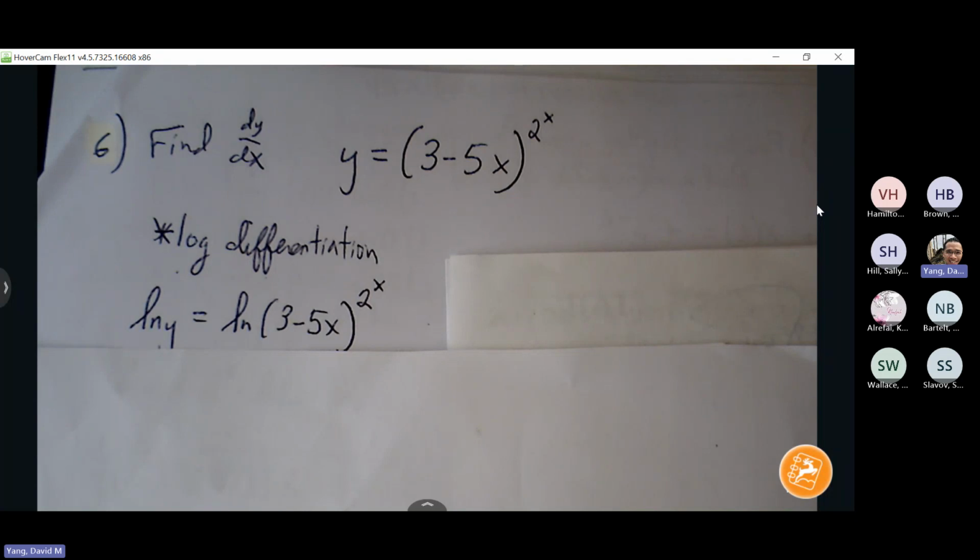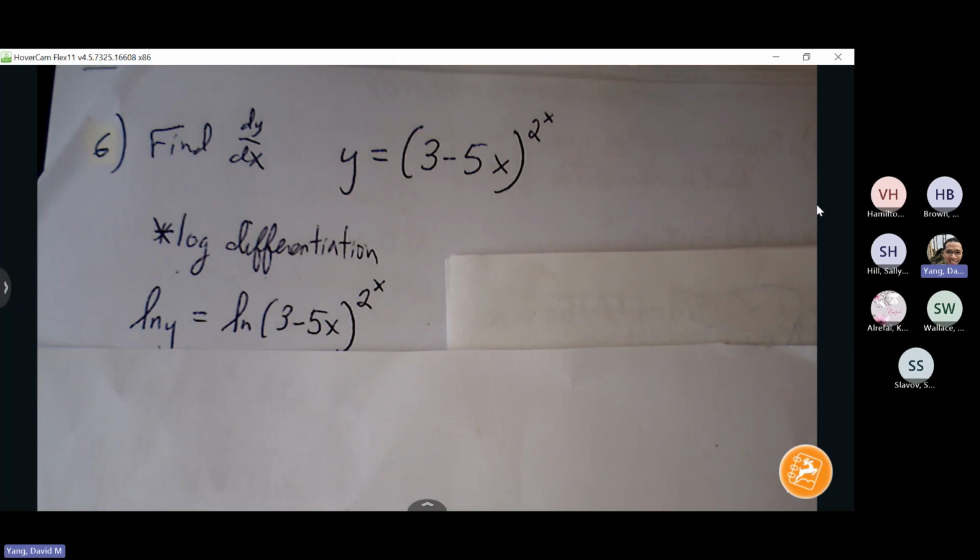If I have a variable raised to a constant, that's a power, like x to the fourth. And if I have a constant raised to a variable, that's exponential, like 2 to the 3x. We have a rule for this: the natural log of a times a to the u times u prime. So we want to recognize the distinction between these three types.